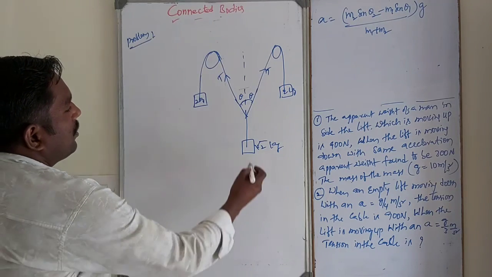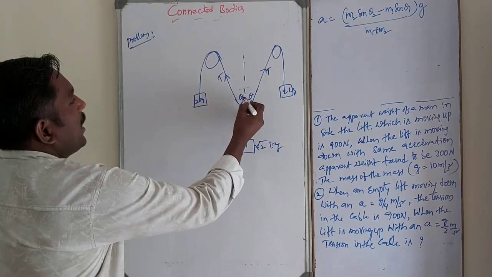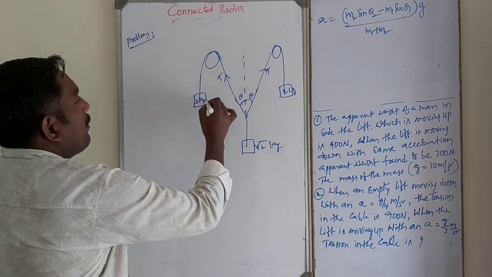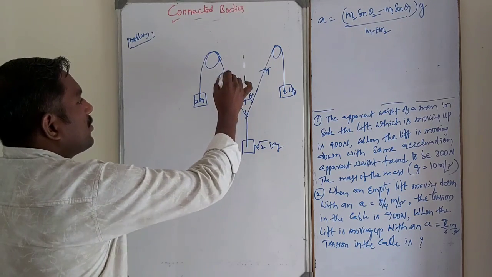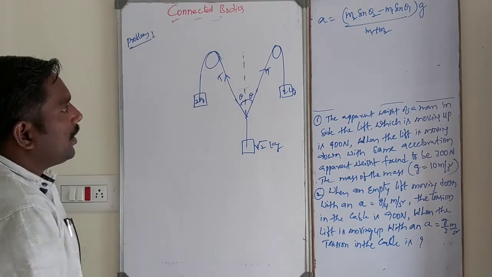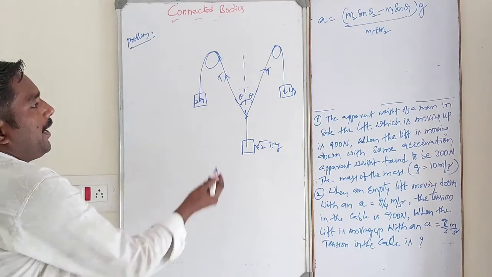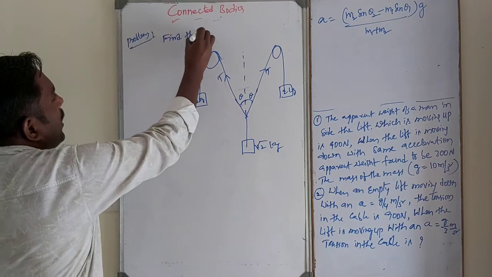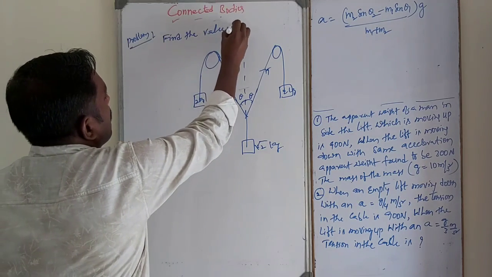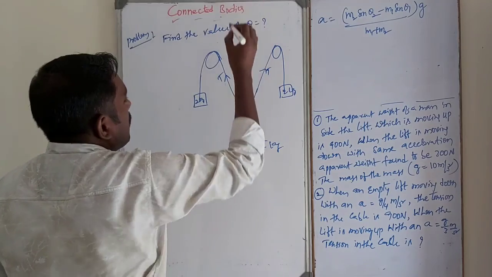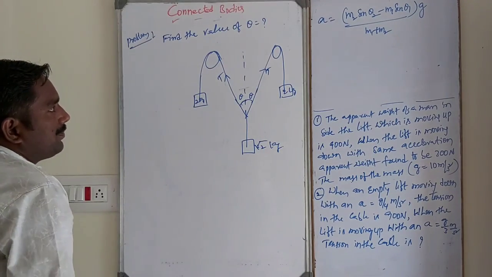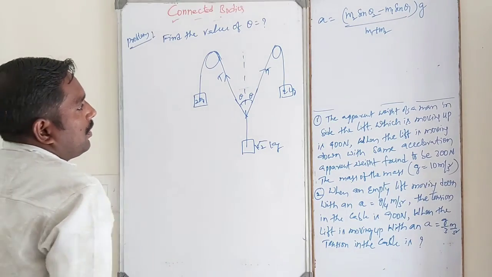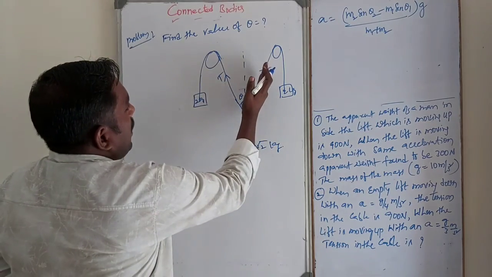So theta be the angle made by the thread with vertical. Then find out the value of theta. So the tension in nearly 45.